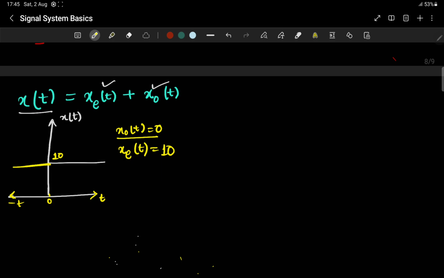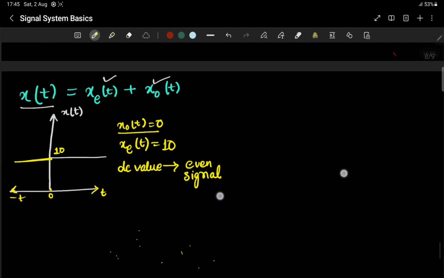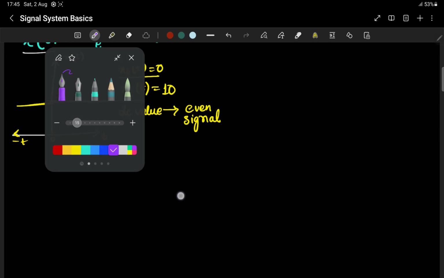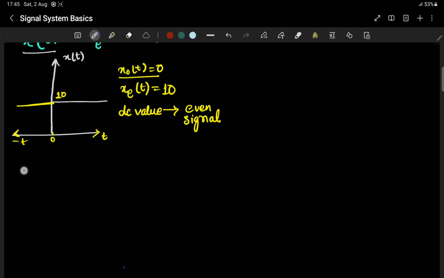So finally we can say in simple words that the DC value will have only the even signal, because we are just cutting out the odd signal. If you want to check it through the simple way, or in a formula, please note down the formula. I'm writing it in a different color so that you can identify the formula.